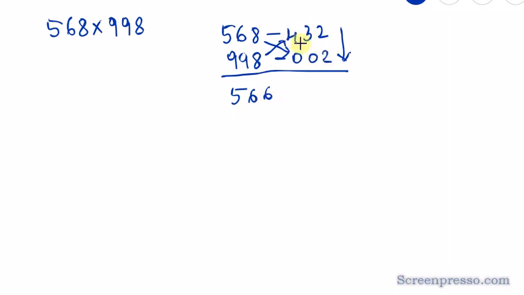Then we have to multiply 432 with 2, that is 864. Here the answer is 566,864. You have to do this in a fraction of seconds.